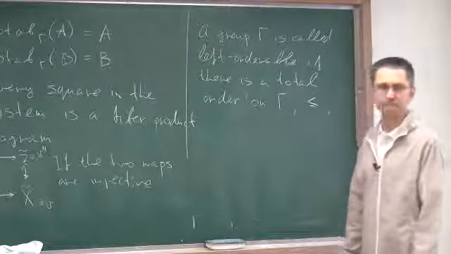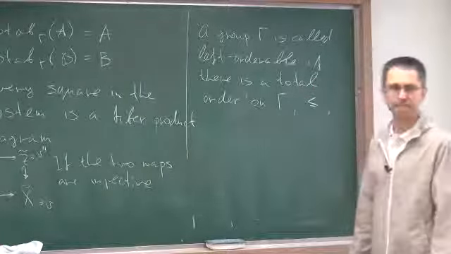Have you seen the definition? Total means that any two elements are related. So for any two elements, A and B, either A is at most B or B is at most A. So that's what total means.